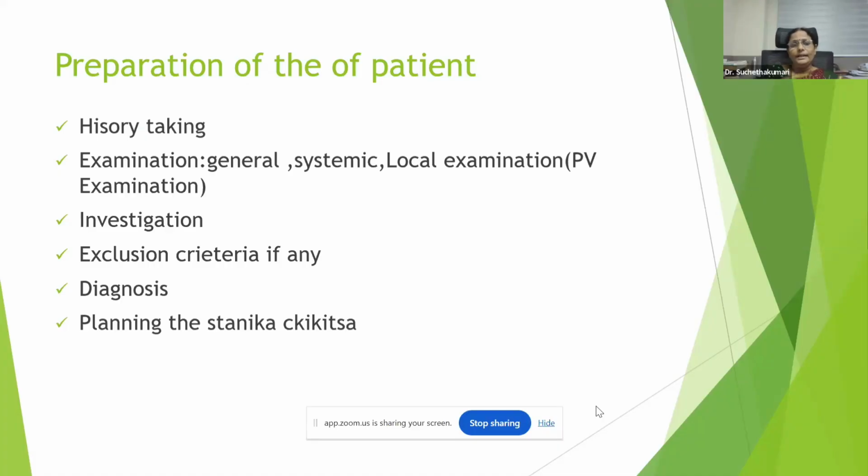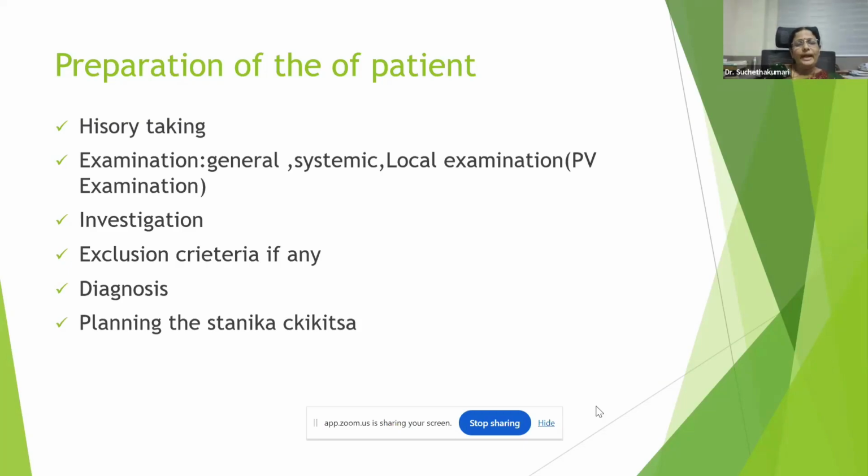Sthanika Chikitsa. Here, we have to assess the patient and see whether the patient needs all the three chikitsas, that is the Shamana, Shodhana, and the Sthanika chikitsas, or the patient needs only the Shamana and the Sthanika chikitsa.